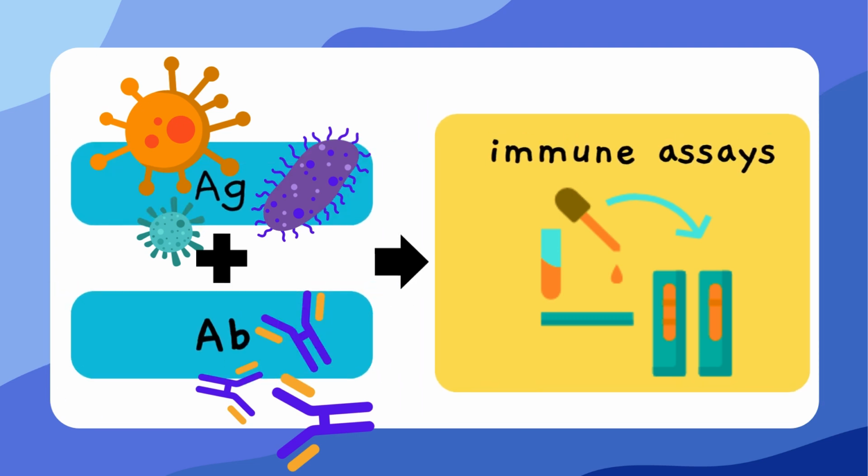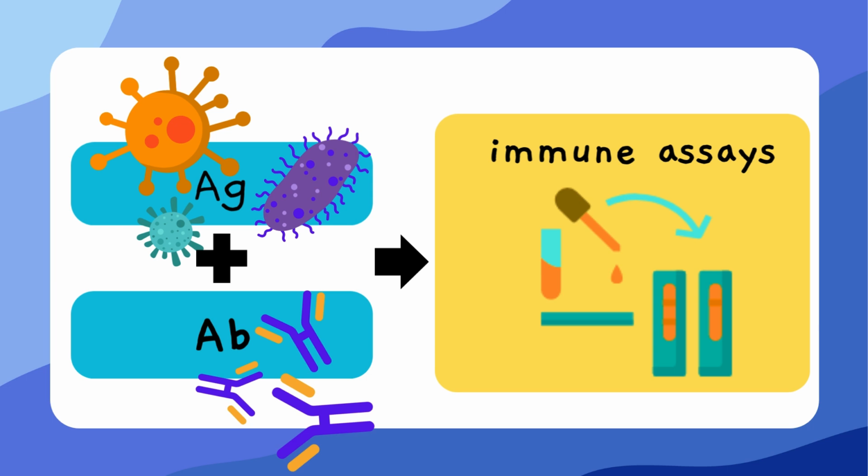So, guys, the combination of a specific antigen with a specific antibody always plays a very important role in laboratory diagnosis, mainly in diagnosing many different diseases. Hence, immunoassays have been developed to detect either antigen or antibody, and they vary from easily performed manual tests to highly complex automated assays.